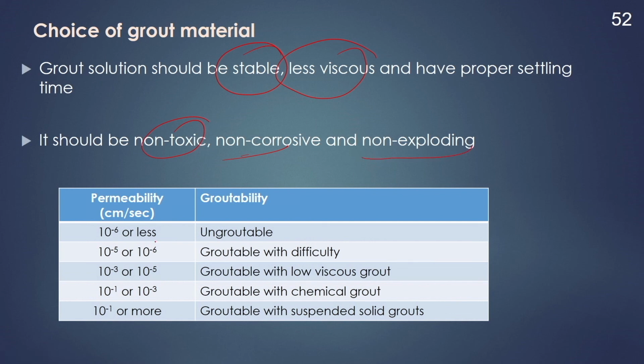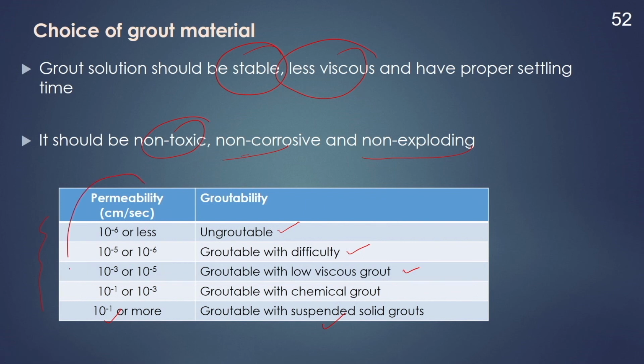And depending on the permeability of the soil, we can also see whether the soil is groutable or not. If the permeability of the soil is 10 to the minus 6 centimeter per second or less, then the soil can be termed as ungroutable. If it is between 10 to the minus 5 and 10 to the minus 6, it will be termed as groutable with difficulty. 10 to the minus 3 to 10 to the minus 5, it will be termed as groutable with low viscous grout. 10 to the minus 1 or more, groutable with suspended solid grout.